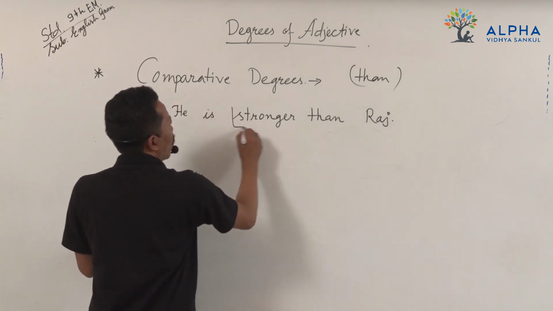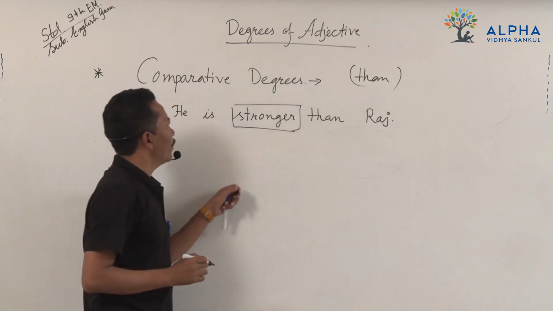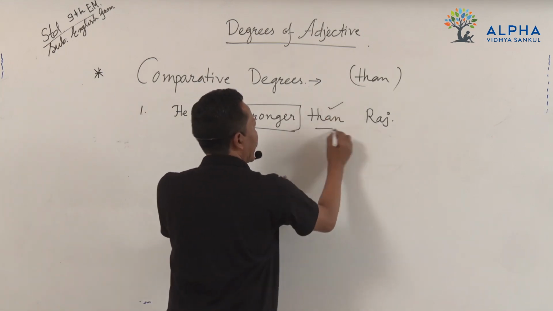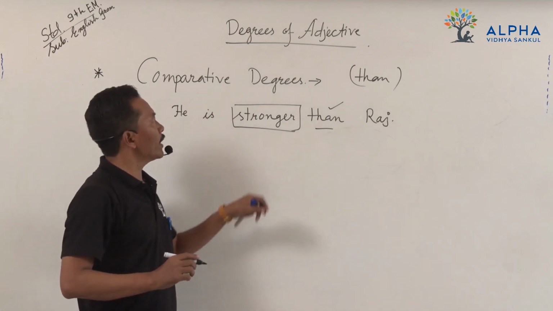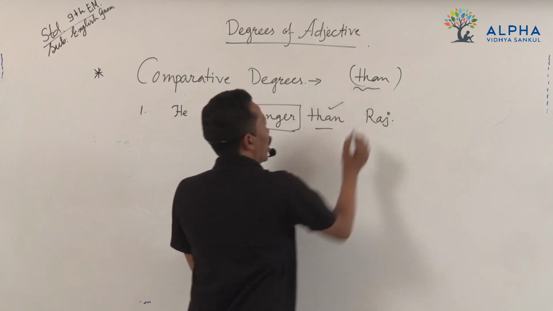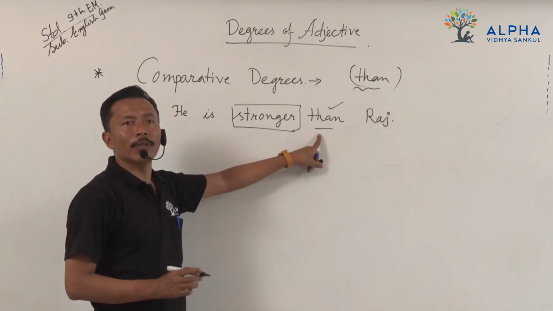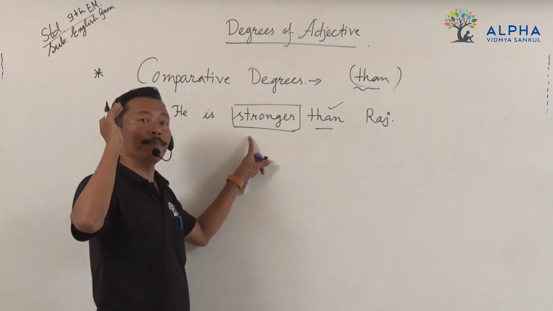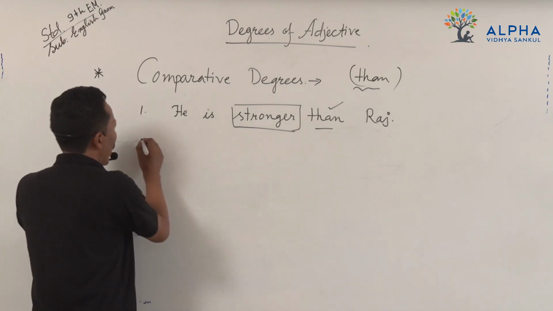Here the word stronger is the adjective, but we know that here the word than comes. So always after the comparative degree, the word than will come. If you find it, you have to understand that this degree is the comparative degree. I'm giving one more example.